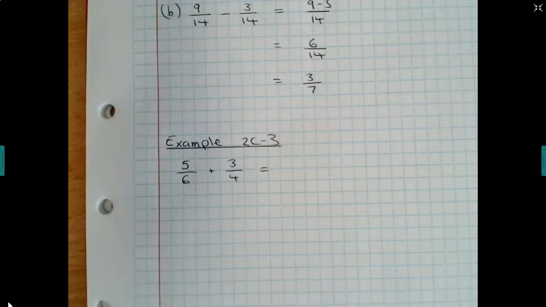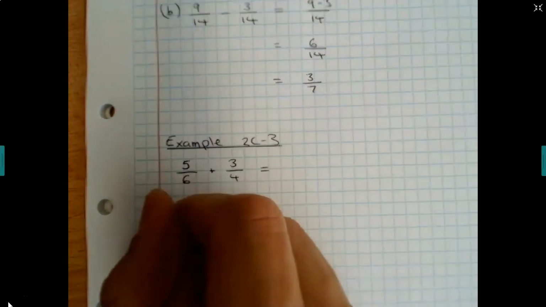Now, in this next example, you'll notice that it isn't quite as easy. What's the difference between this one and what we've looked at already, Jackson? Good. So we've got different denominators, so that means that we actually have to do a little bit of work to try and get the denominators the same. Now, this comes back to what we learnt last term to do with multiples.